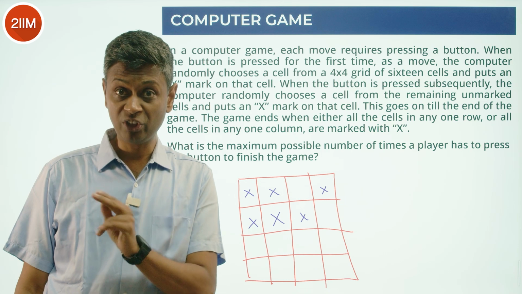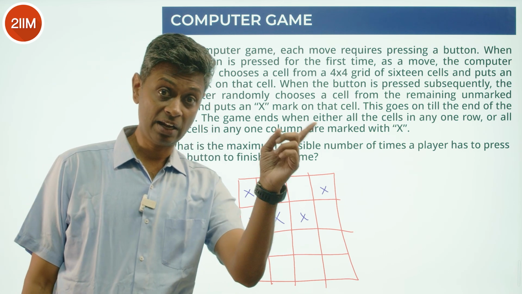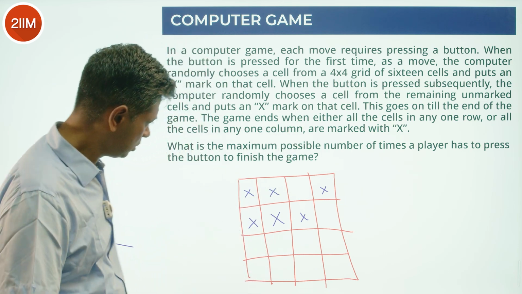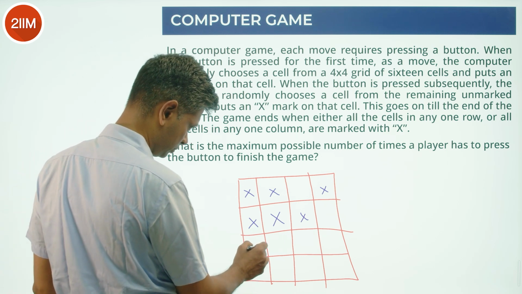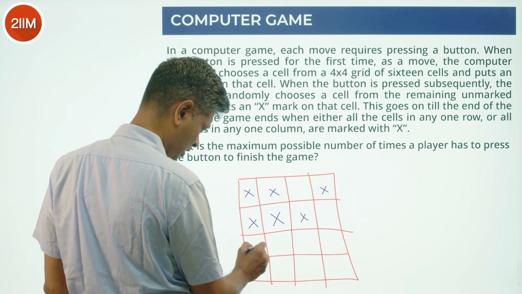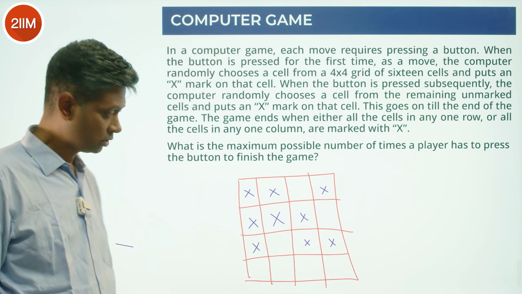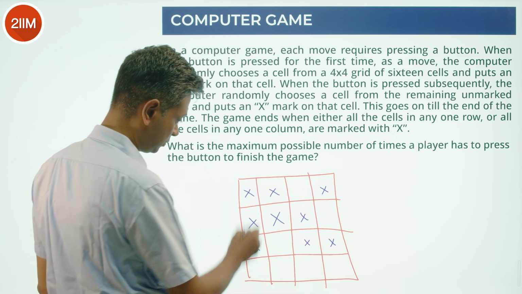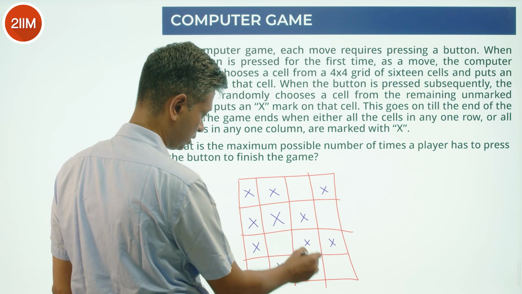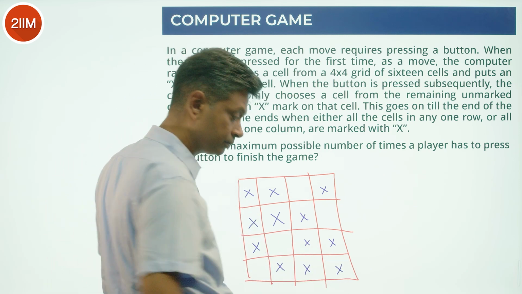That means many cells would have come in so many rows, I'll have a problem with the columns. So let me put here the same. For the final one, I cannot put here, I'll put here, I can put here, I can put here.